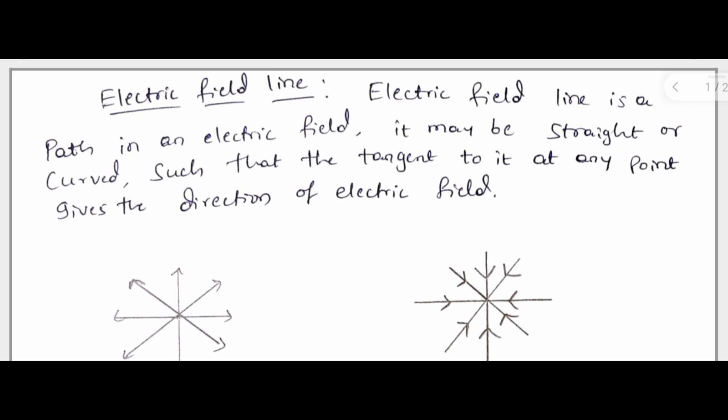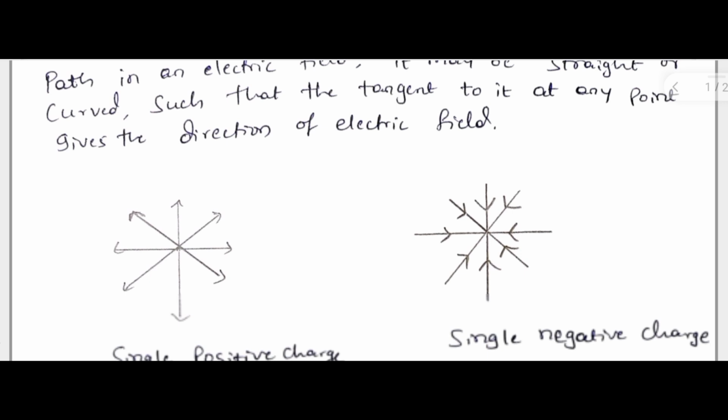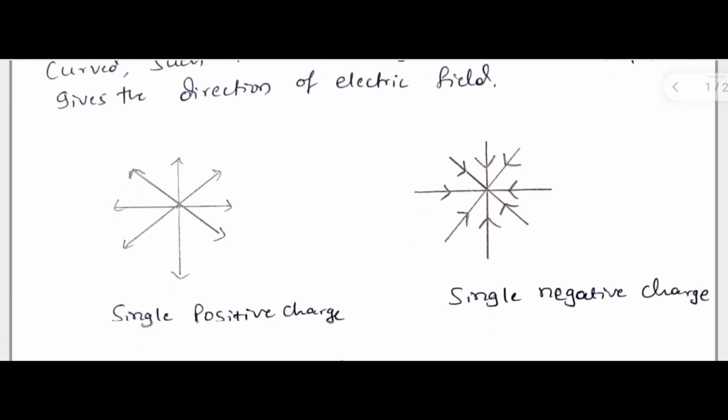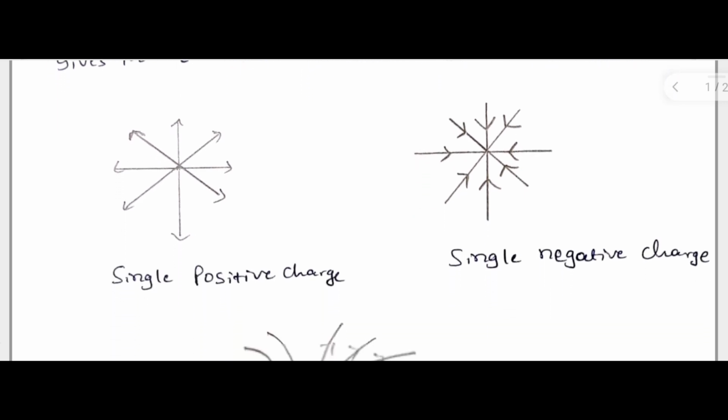An electric field line is a line-like structure from a single charge or a region. This is a single positive charge.